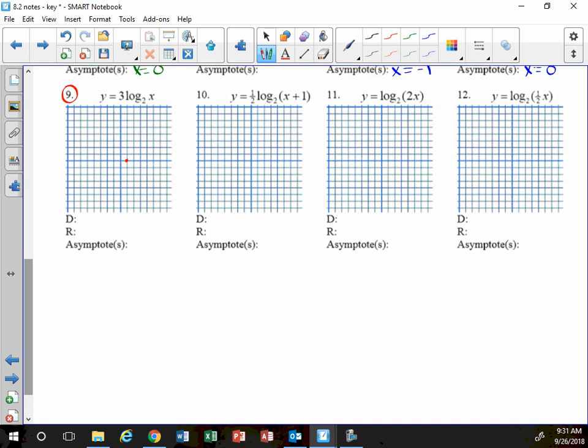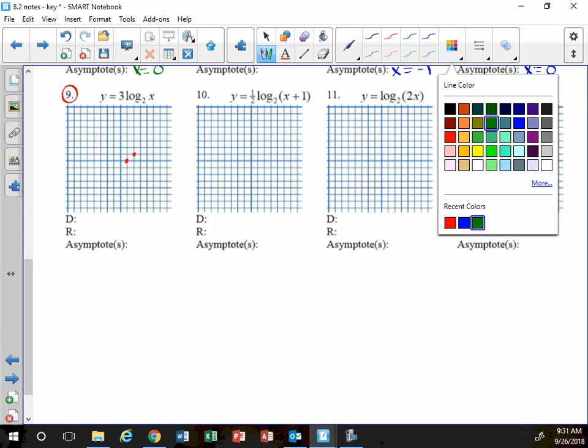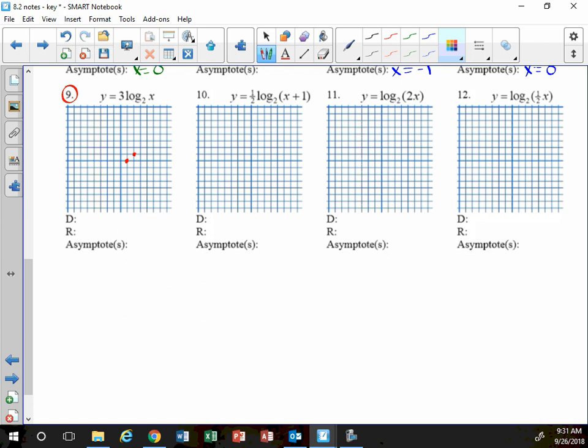Let's look at 9. So I start with 1, 0, 2, 1. What is that 3 doing in front? What do you think, guys? What did you say, Preston? Okay. Does it spread your X's or your Y's? Yes, your Y's. So you're taking your Y values times 3. So the point 1, 0, 0 times 3, still 0, right?